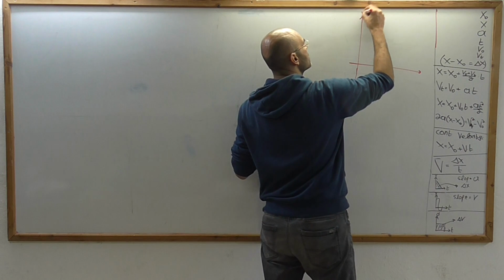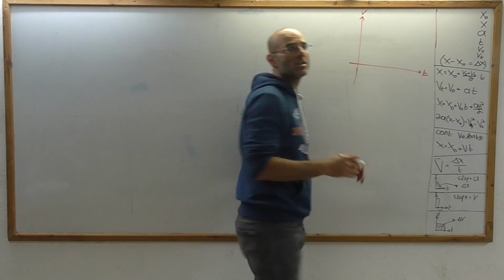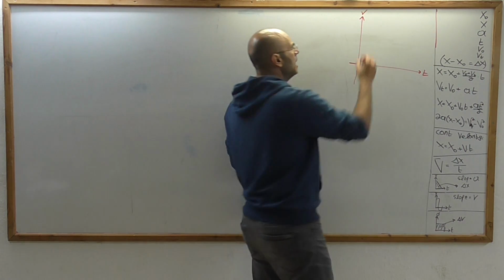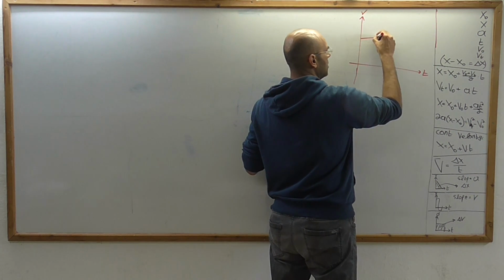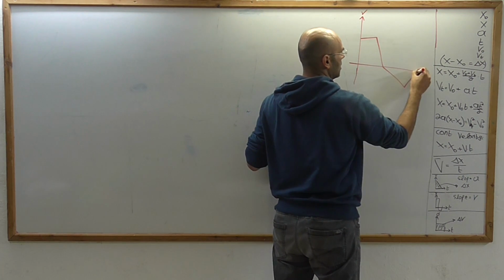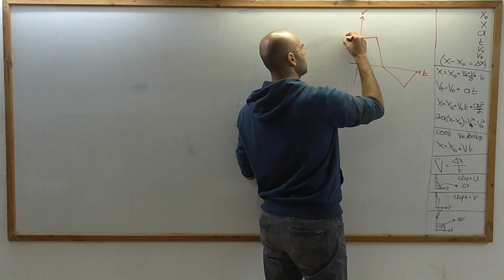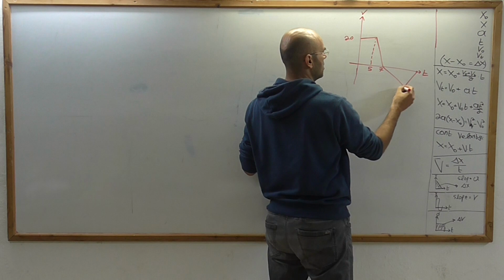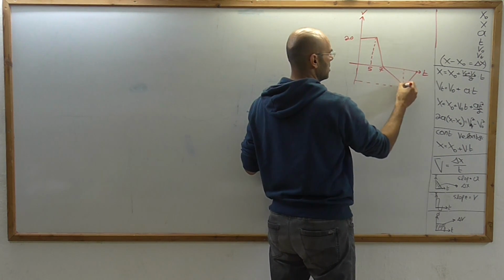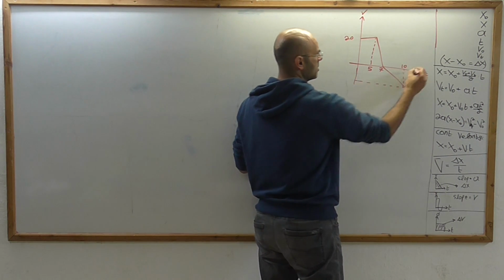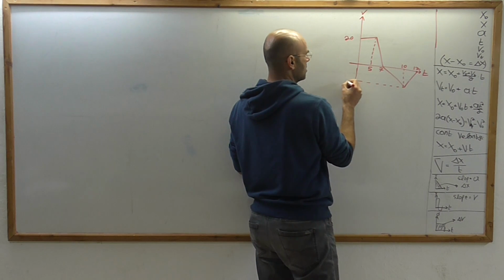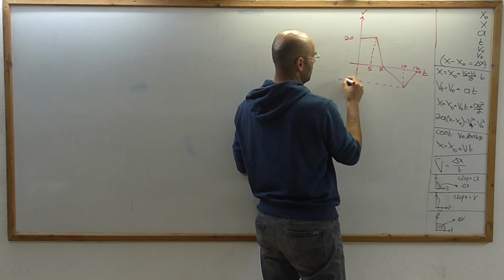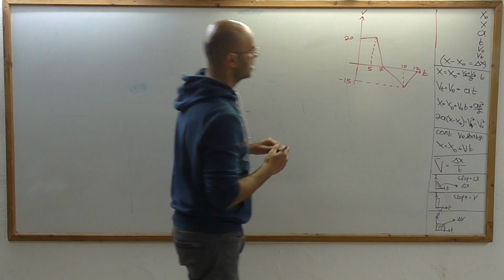So let's say the graph is v versus time, which is the most common graph, and let's do it like that. Okay, let's say this is 20, this is 5, this is 7, this is 10, this is 12, this is minus 15, that's it.